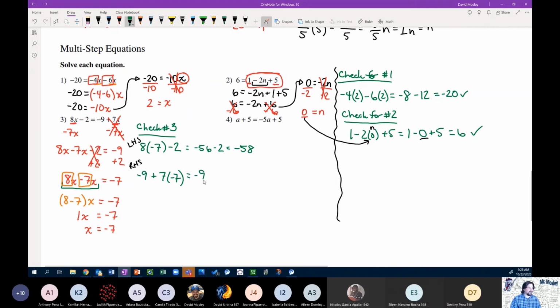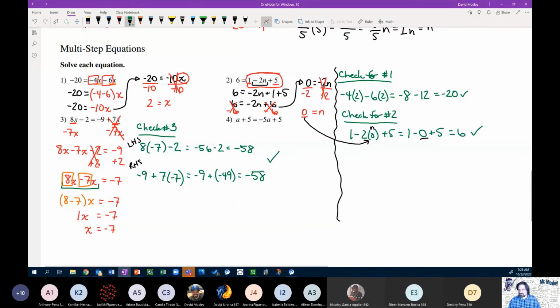So I'll have negative 9 plus 7 times negative 7 is negative 49. Negative 9 plus negative 49, negative 58. Negative 58 equals negative 58, right? I got the same number from each side of the equation, which means I solved it correctly.